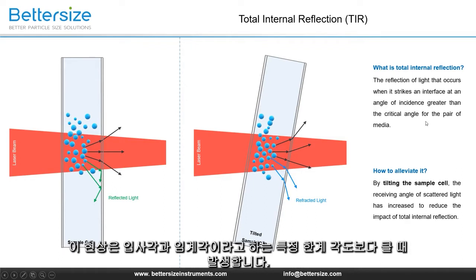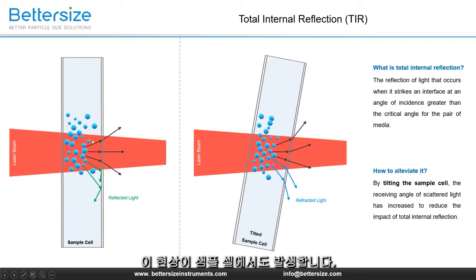The phenomenon occurs if the angle of incidence is greater than a certain limiting angle, called the critical angle. This phenomenon happens in a sample cell as well. It causes the effective receiving angle for scattered light to decrease, and overall reduces the detection range of an analyzer.